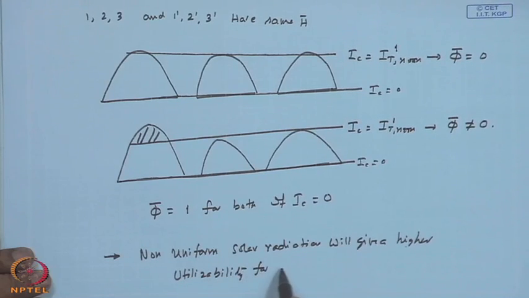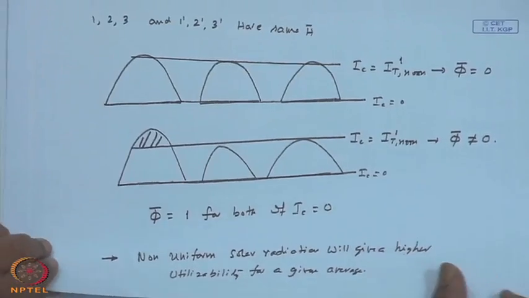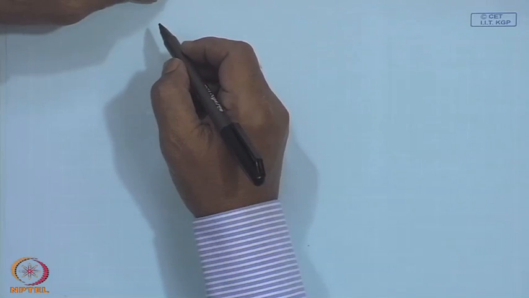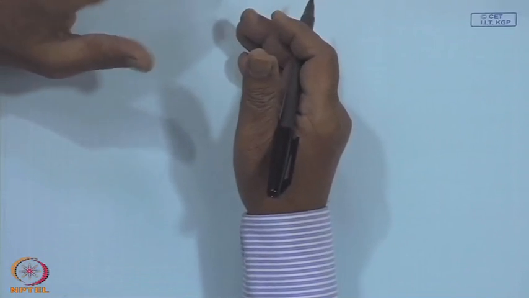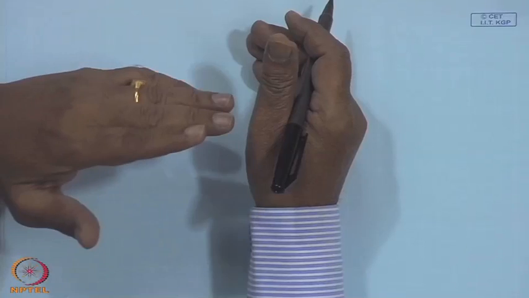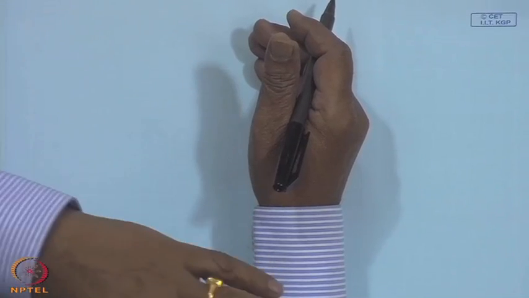For a given average, let us be very clear about it. If you have a clearness index distribution which is more non-uniform, where the standard deviation is more than another distribution, you will have a higher utilizability, particularly at higher critical levels, because there will be at least one day that will be contributing to the useful energy.